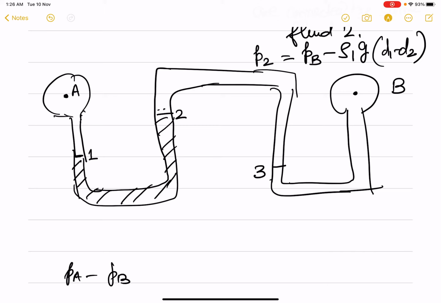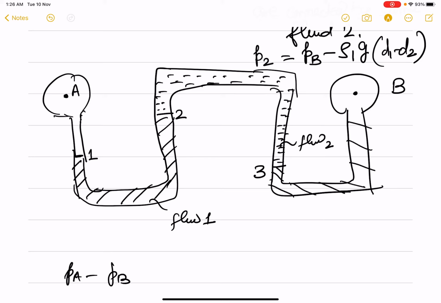Then we have a separate fluid here, which I show by dot dot dot. This is fluid 2. And this is fluid 3.